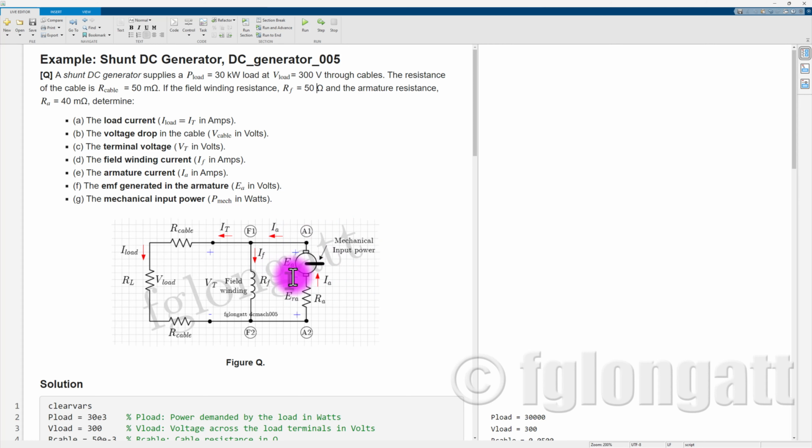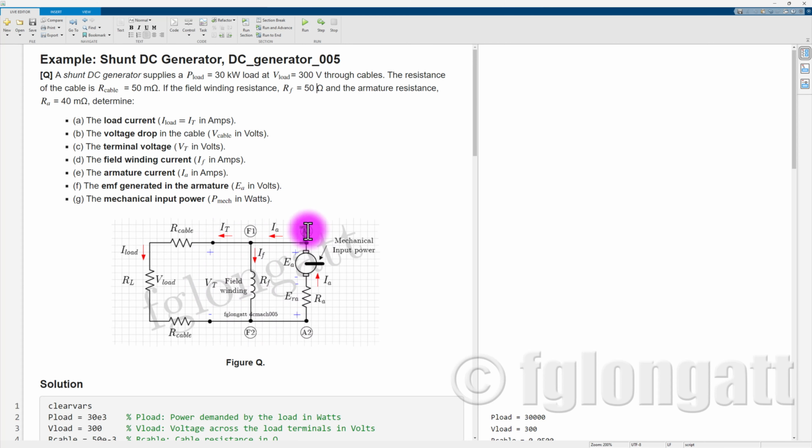What is important for you is that we include over here the circuit model of the DC generator and this very interesting load condition. As you can see on the right hand side, we have the classical model of a shunt generator.